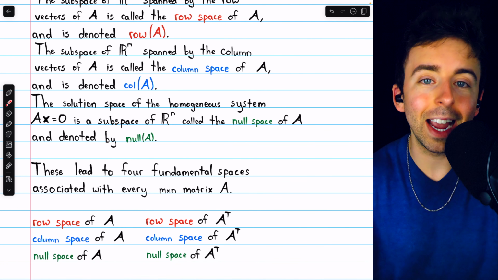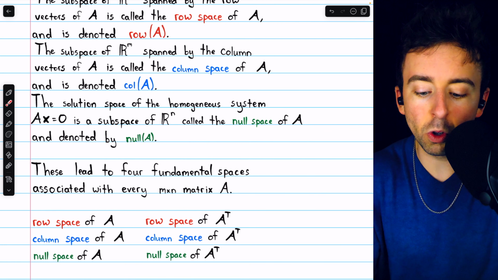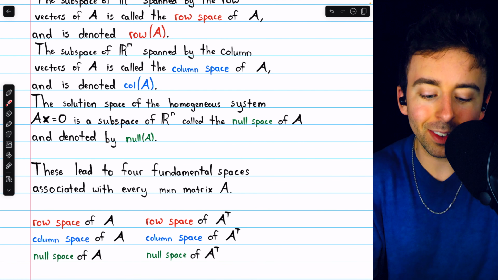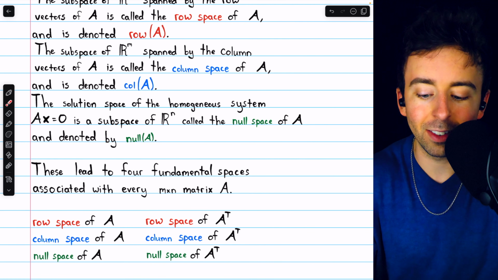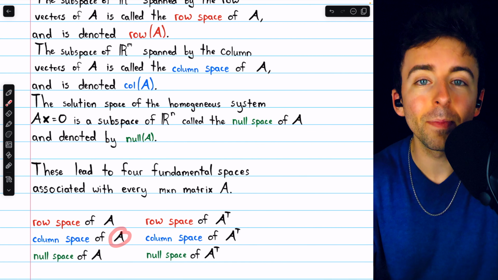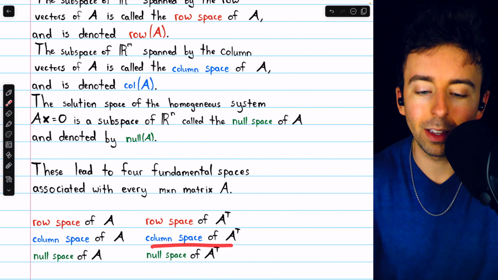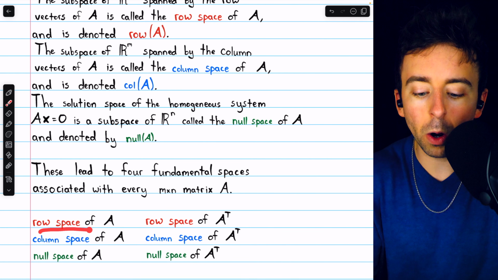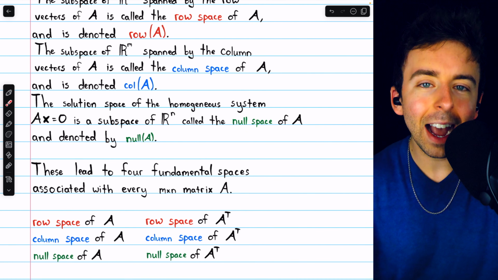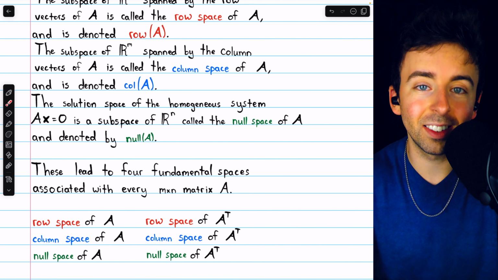But remembering what A transpose actually is, you should know that the row space of A transpose is the same as the column space of A, since the rows of A transpose are the columns of A. Similarly, the column space of A transpose is the row space of A. So in this list of six spaces, there are actually only four distinct spaces.